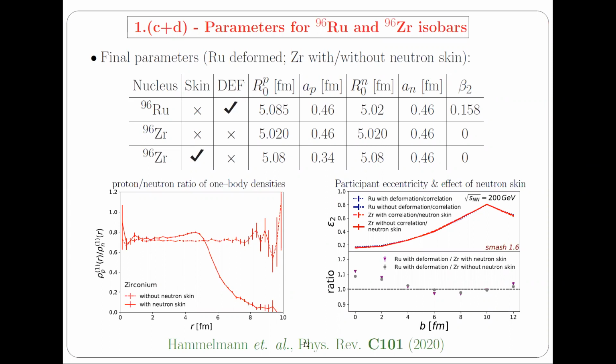For ruthenium, we implemented either deformation only. For zirconium, we implemented neutron skin only, or none of the above.